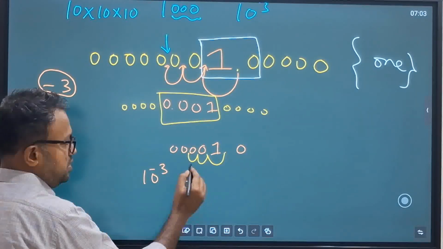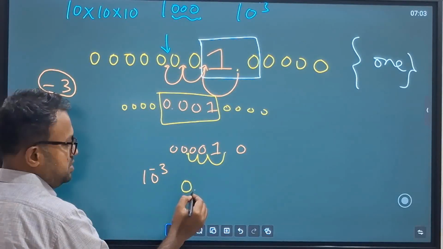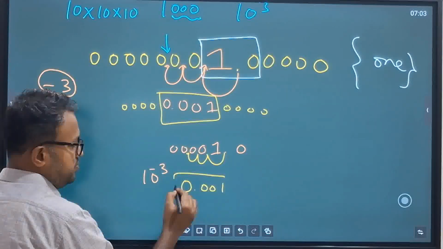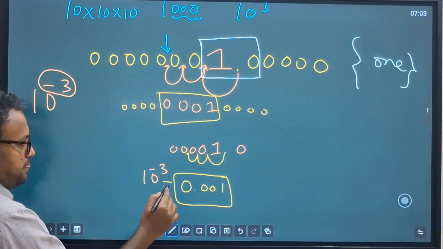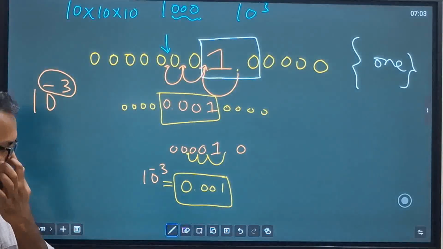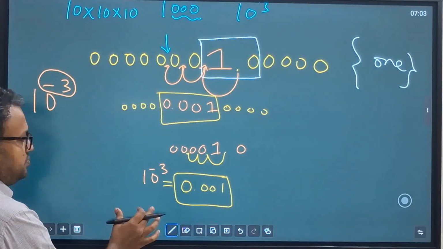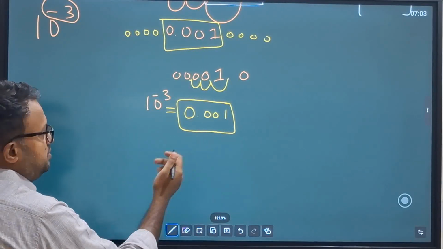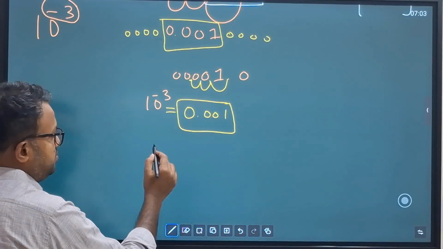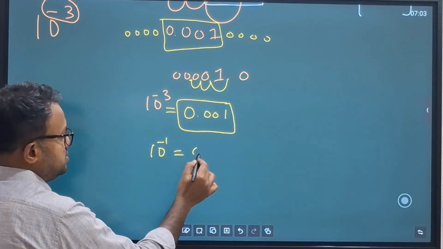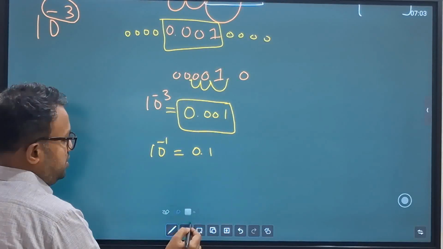Now your point is here, 0.001. Getting it? So what is 10 power minus 1? Similarly, 10 power minus 1 is 0.1.